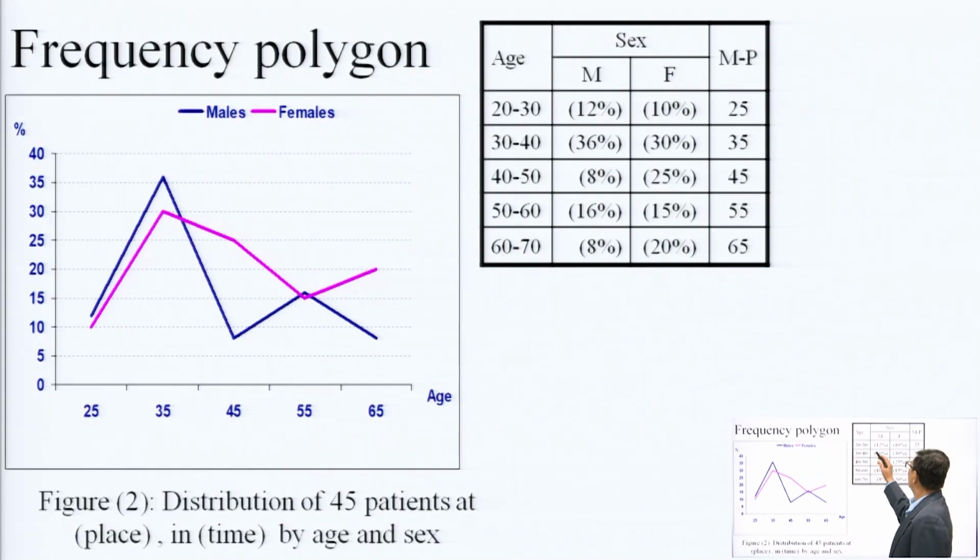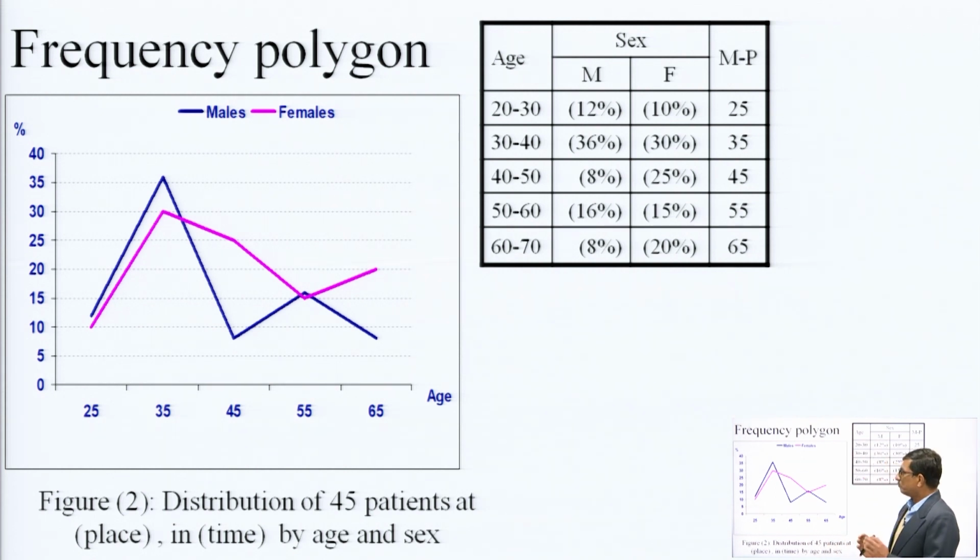First we draw the frequency polygon for males. Here we have male 12%, 36%, 8%, 16% and 80%, and the midpoints are 25, 35, 45, 55, 65.